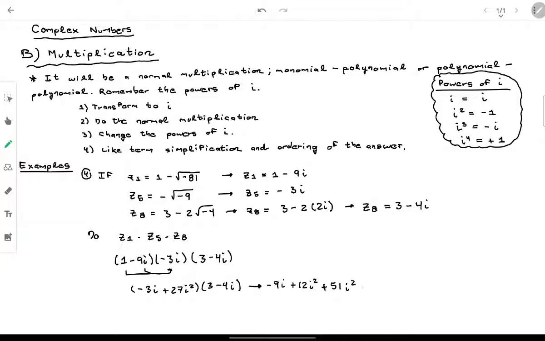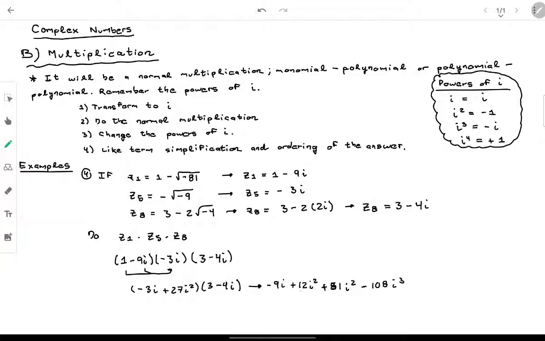And finally, it's going to be plus multiplying minus, it's minus. Then it's going to be 27 times minus 4. That it's going to be minus 108 I cubed.